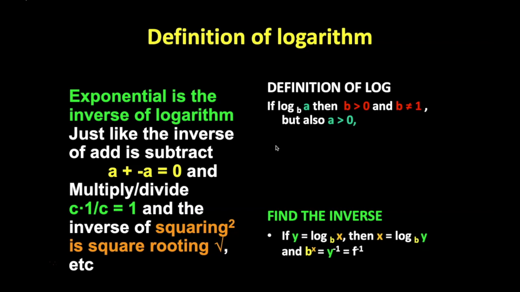But it can be greater than 0. It can be a decimal, it can be a fraction, it can be anything but 1. It could be 1.9. A, on the other hand, is just like it. It can be greater than 0. It can be 1. It can be a decimal. It can be a fraction.